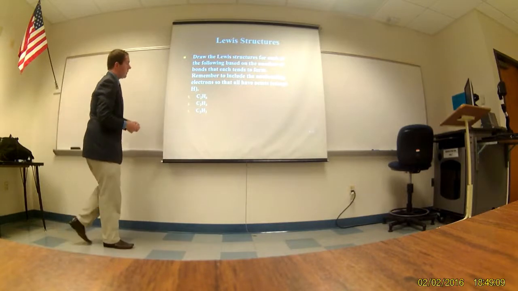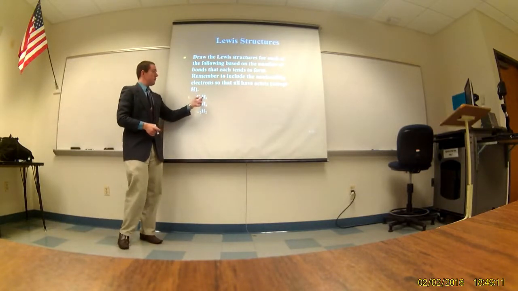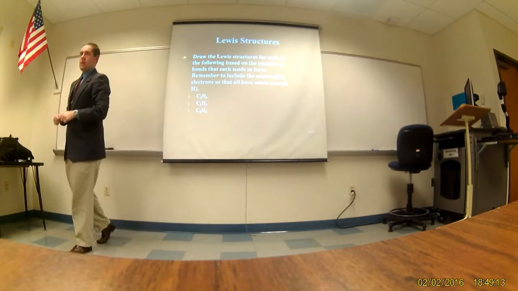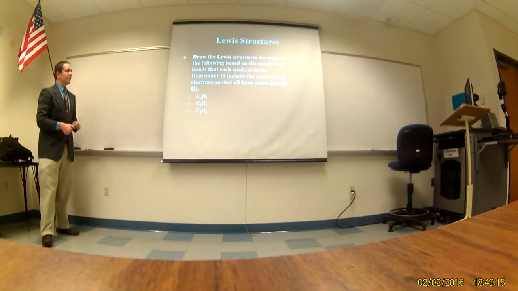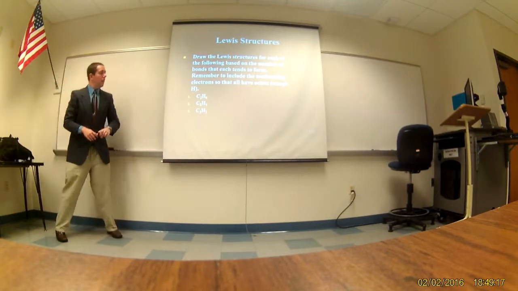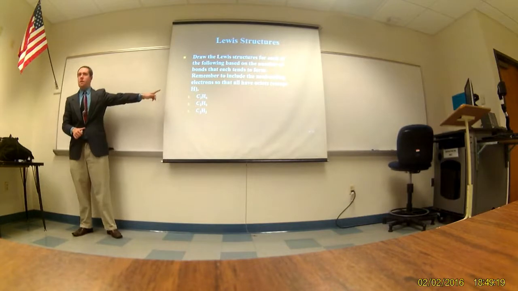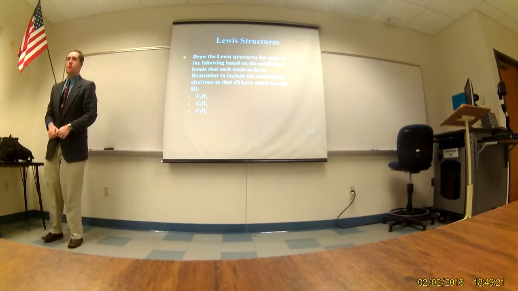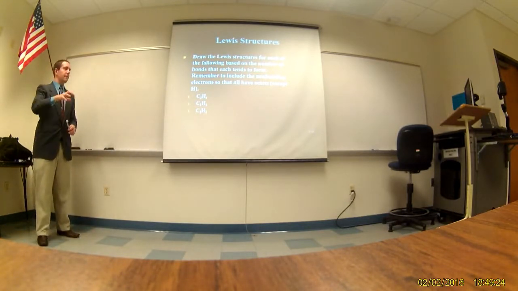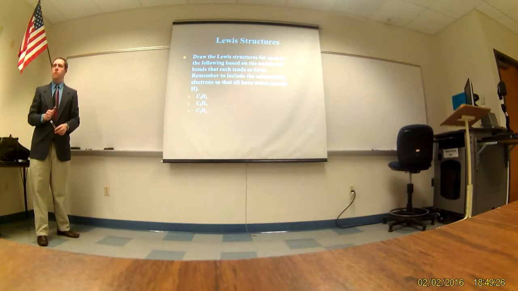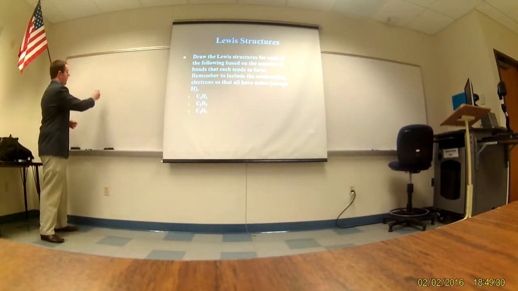So, this is carbon, hydrogen. There are 2 carbons, 6 hydrogens. How do you think this structure is going to look? We've got 2 carbons, 6 hydrogens. We'll put 1 carbon here.